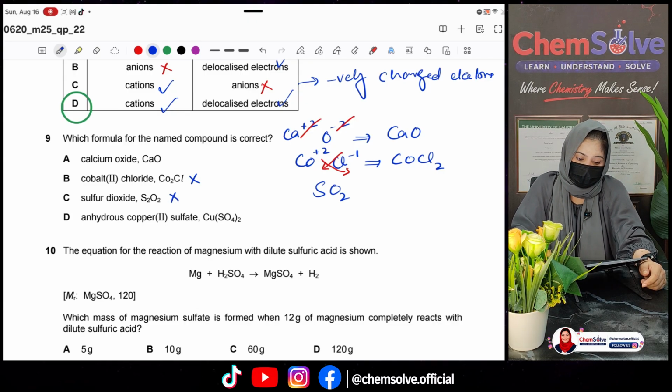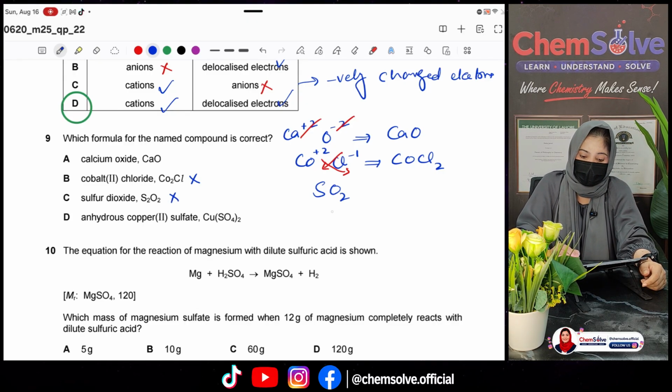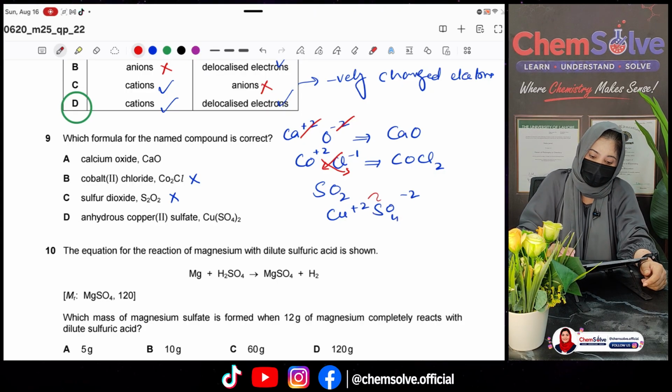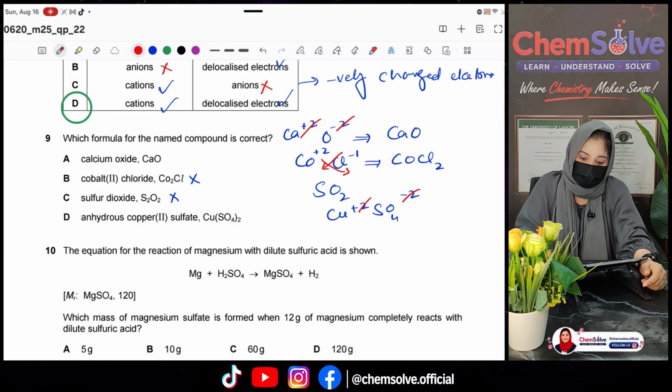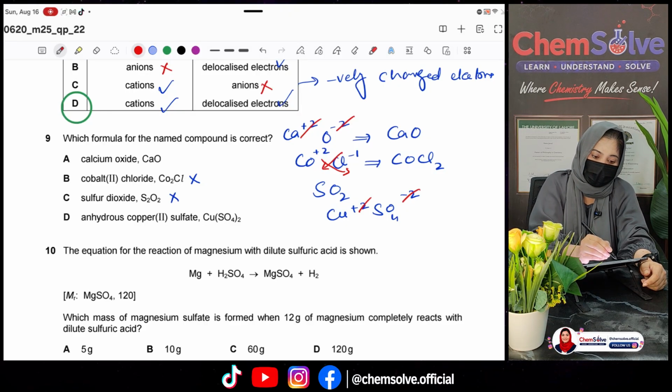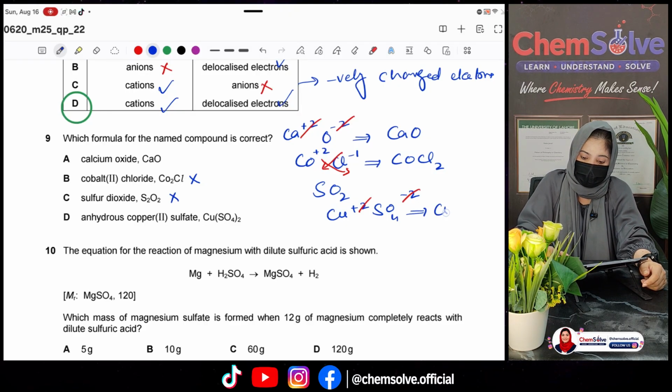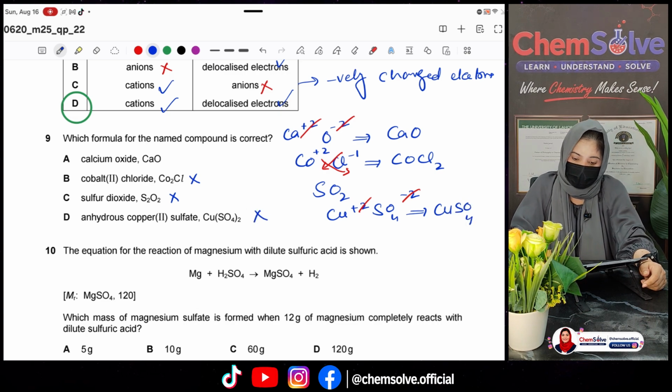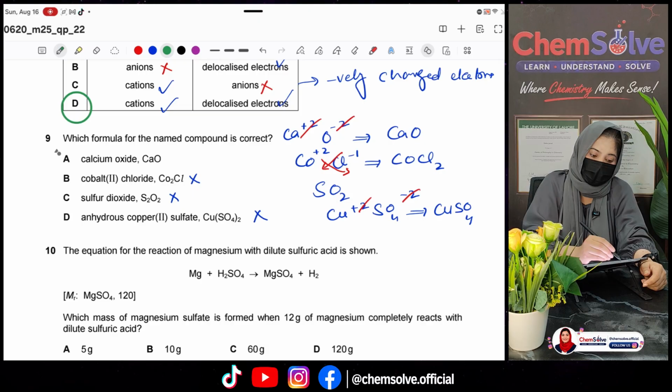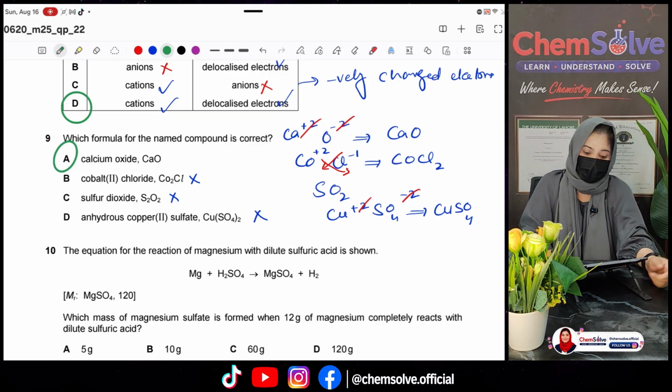It is also wrong. Copper sulfate. Copper has a positive 2 charge. SO4 is a -2 charge. So they will cancel out each other. And the resulting formula would be CuSO4. So this is wrong as well. The correct option is option A.